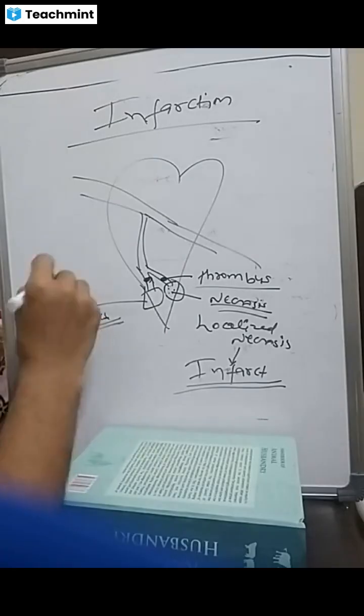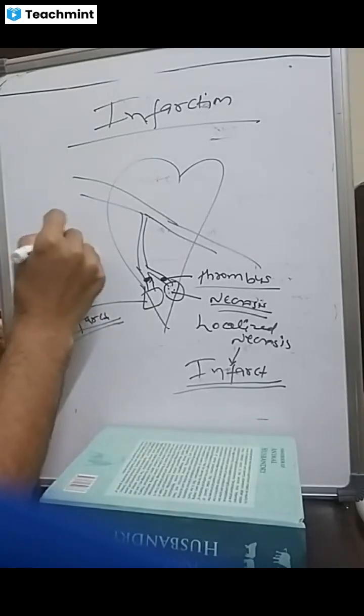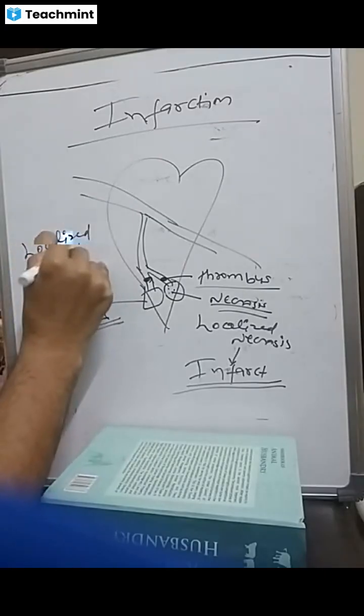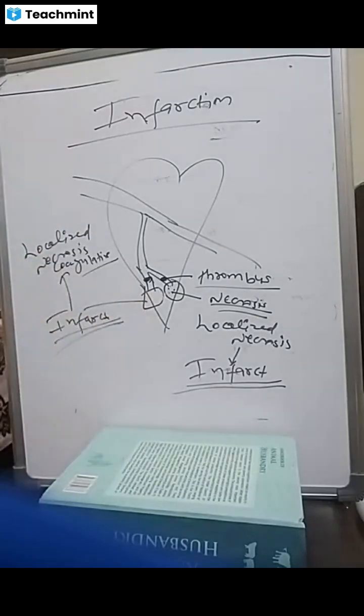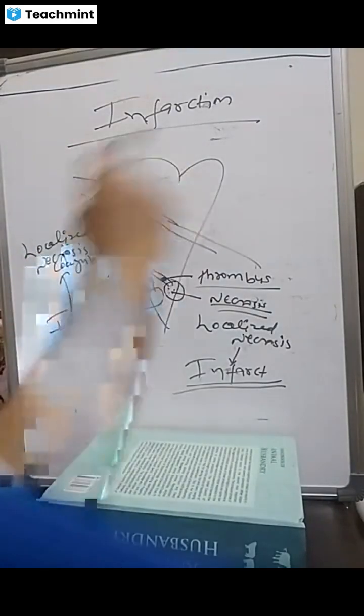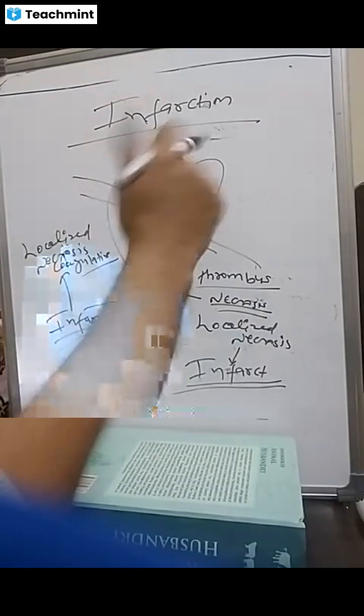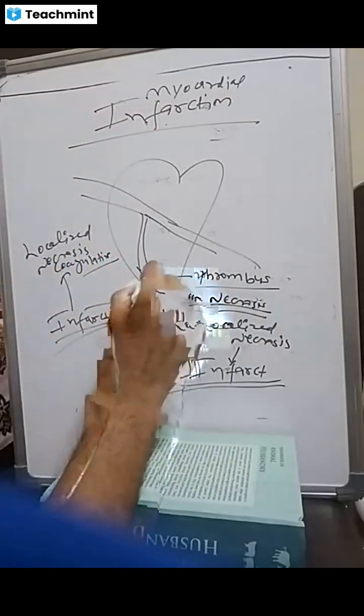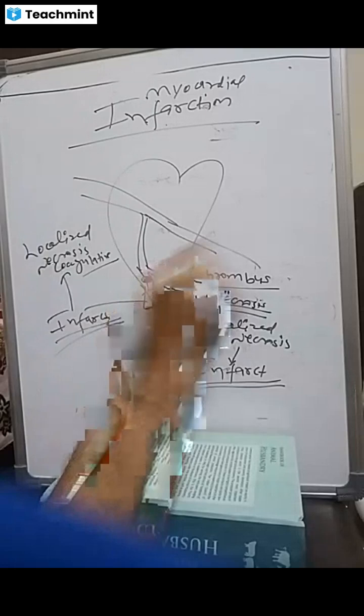So an infarct is a small localized coagulative necrosis. Because it occurs in the heart, we call it myocardial infarction. Infarction is because of thrombosis, which may lead to formation of an infarct.